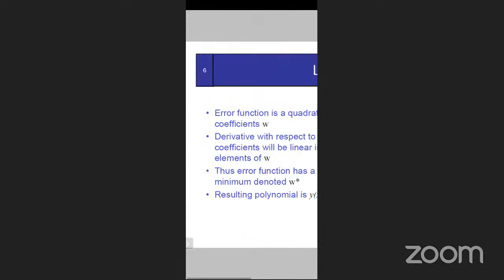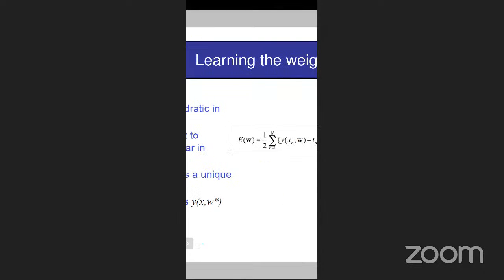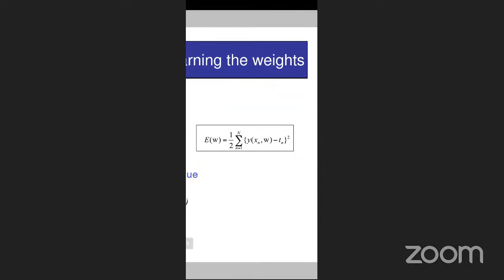I'll explain to you. This is E of W. Is this a scalar function or is it a vector function? This one, E of W, the right hand side. It's a scalar function.